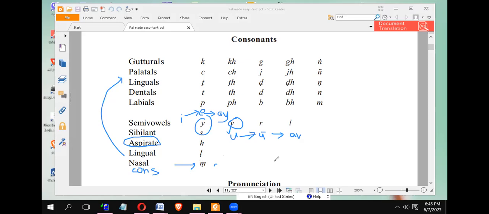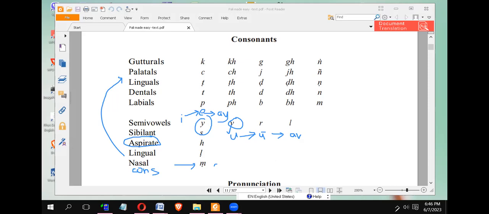Okay, anybody want to volunteer to read something? Somebody raise the hand. Anybody want to volunteer to recite the whole thing, from the ka onwards?